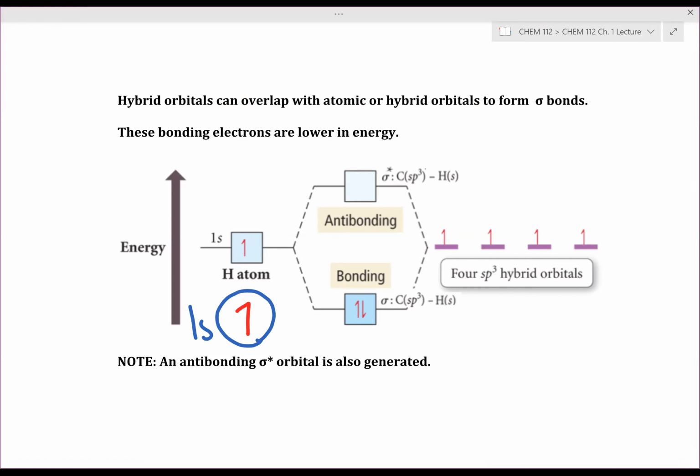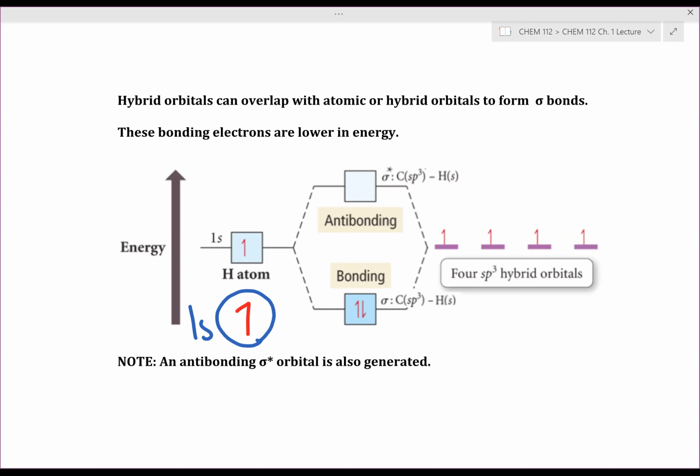Does that change anything about our overall process? Are we still making a bonding and anti-bonding molecular orbital when we overlap them? Yes. The only thing that's changed now is this is a bonding orbital between an sp3 orbital on carbon and a hydrogen 1s orbital. The process of orbital overlap to form a bond is still the same.